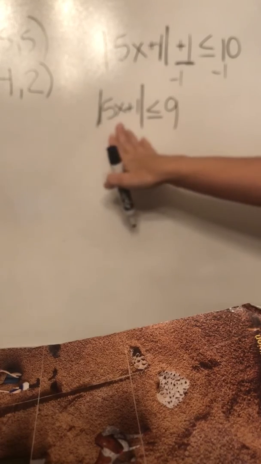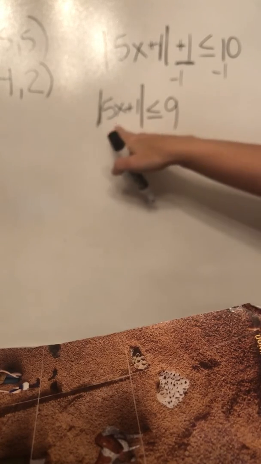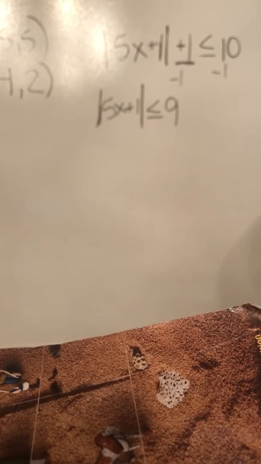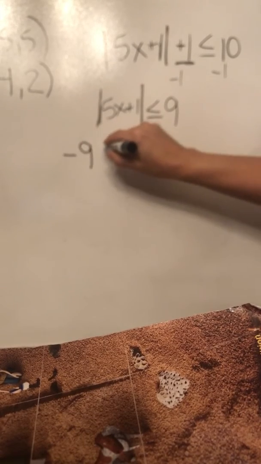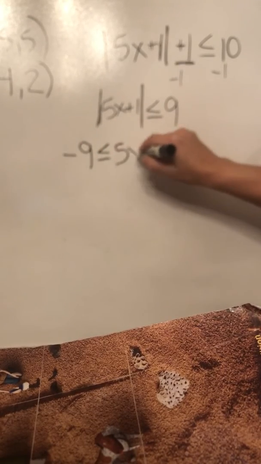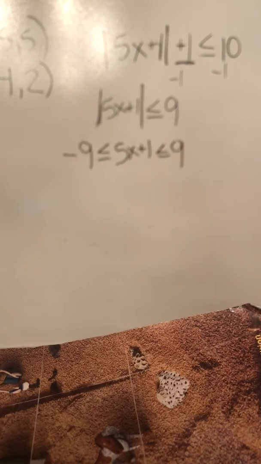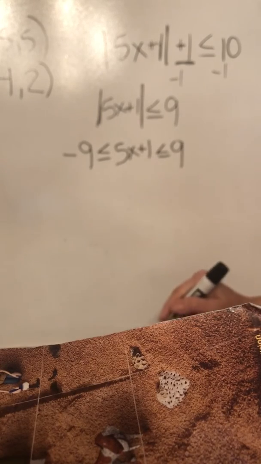Now this is our x, and we know that this has to be less than or equal to 9 and greater than or equal to -9 to make it true. So let's rewrite it here: -9 is less than or equal to 5x plus 1 less than or equal to +9.